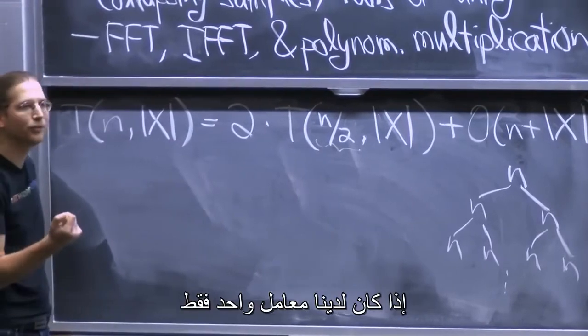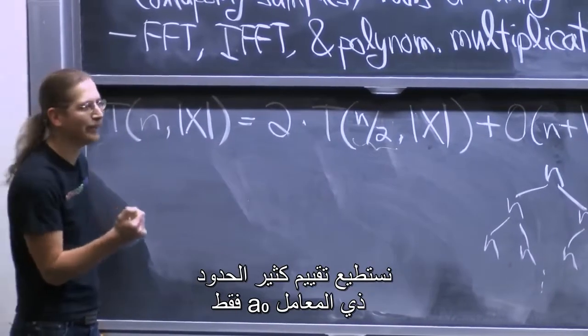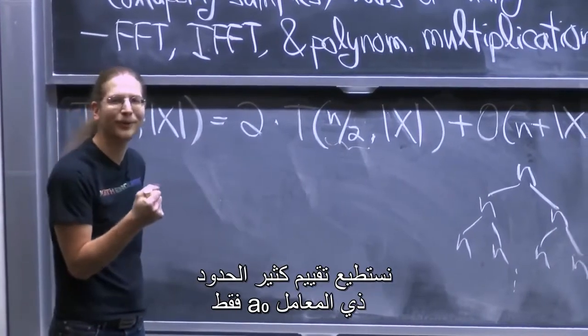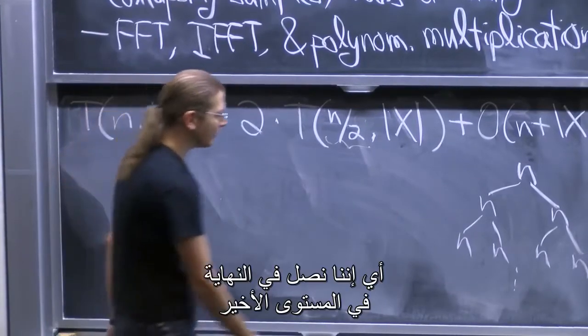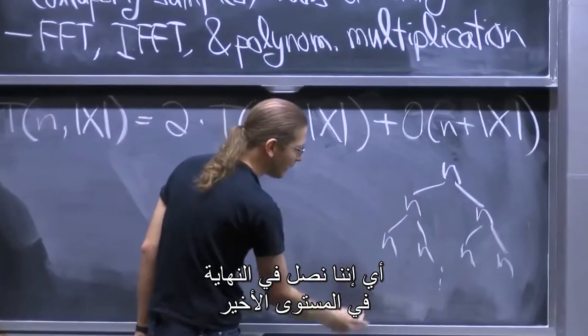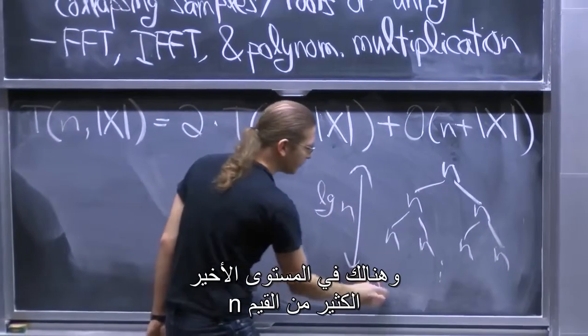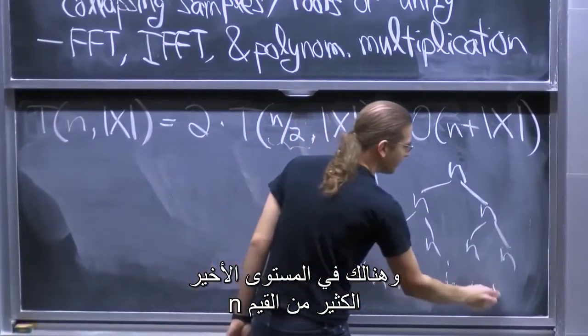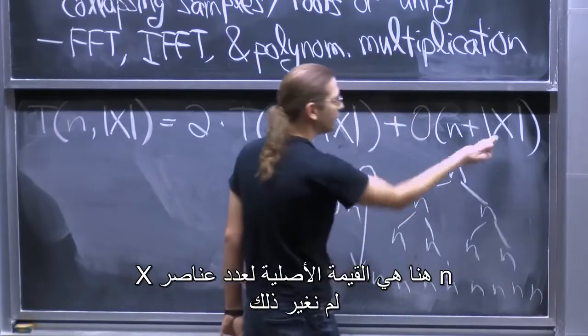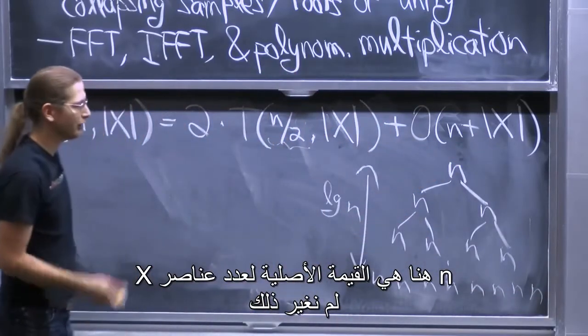When there's only one coefficient, I know how to evaluate the polynomial with just a0. That's easy. So down at the bottom here, at the last level, so this is height log n. The last level is again going to be a whole bunch of n's, all the same n. Here n is the original value of x, because we haven't changed that.